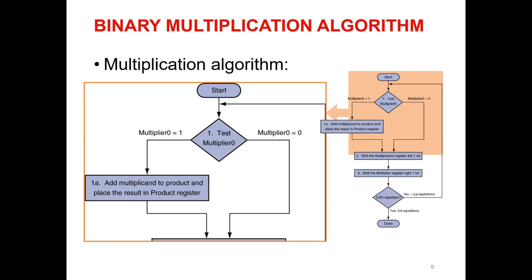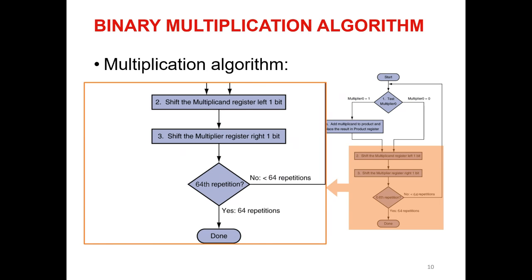Then once we have done that, we go to the second step, which is we shift the multiplicand register left 1 bit, and then the third step is shifting the multiplier register, in this case right instead of left, 1 bit again. This algorithm is designed for RISC-V, and in RISC-V you know that a register has 64 bits.